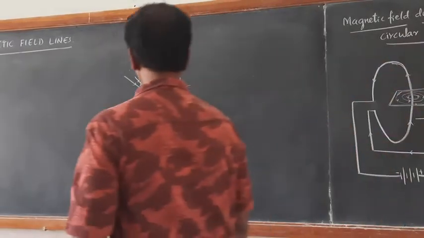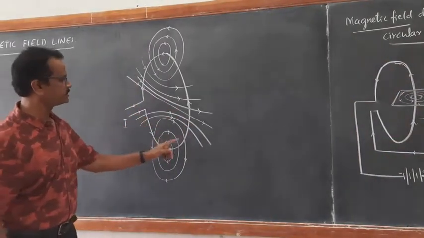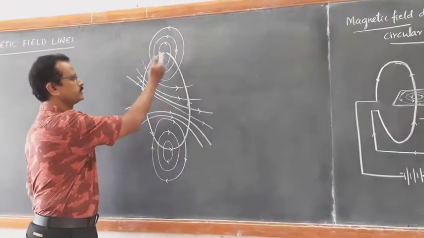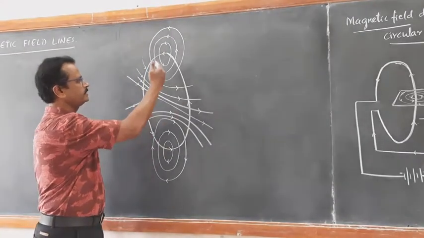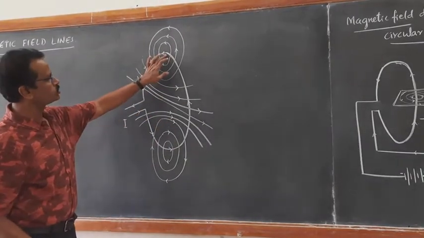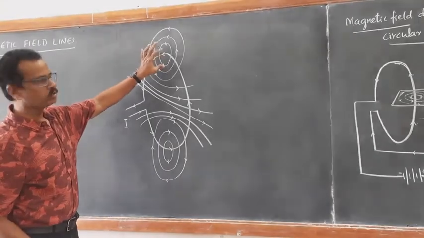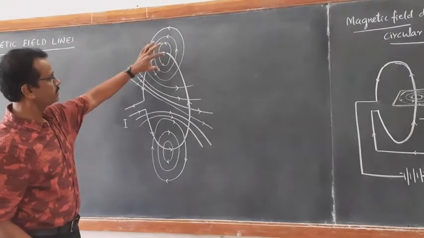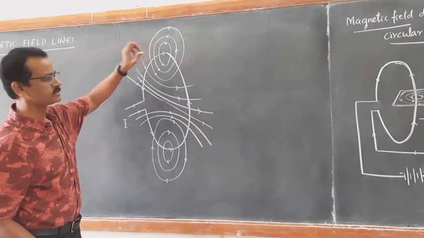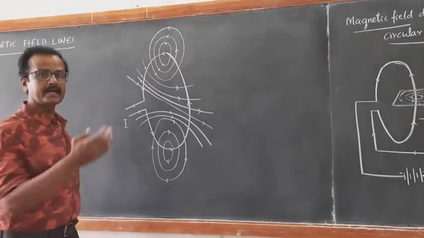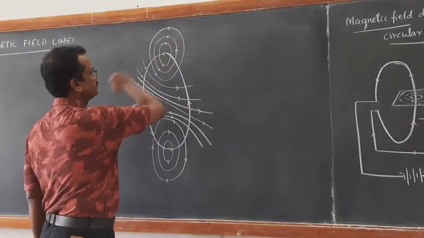Here you can see this is the way the current enters into the loop. This is the circular loop. The magnetic fields close to the element of the circular loop are circular. They are very close and they form circular closed magnetic field lines. These are the magnetic field lines.